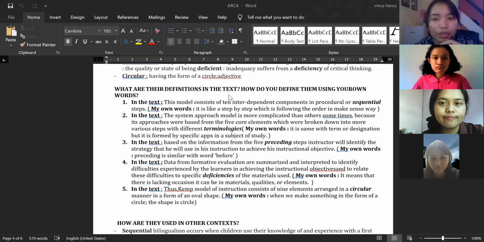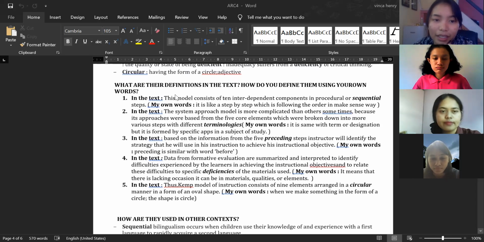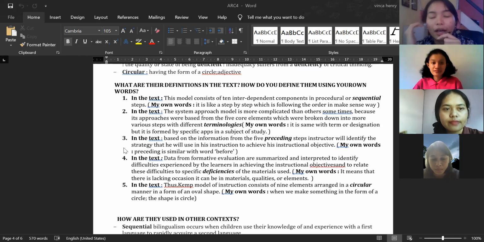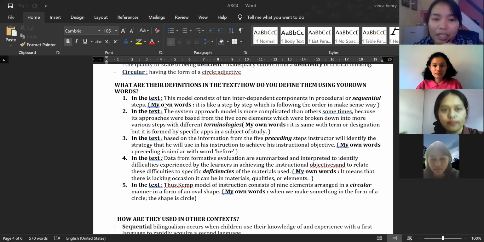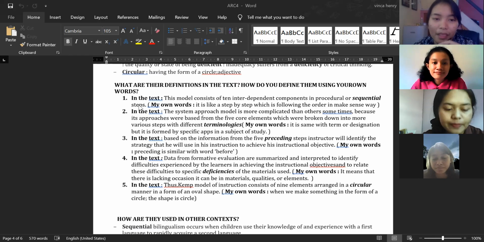So, second question, what are their definitions in the text? How do you define them using your own words? In the text, as you can see here, I already numbered them. You can also read them in the text or the article, but here I will explain them in my own words only.